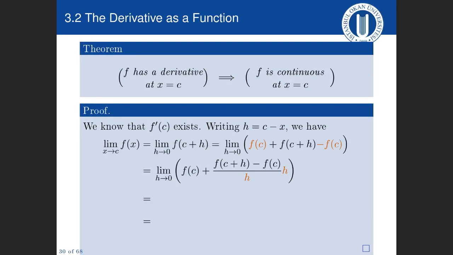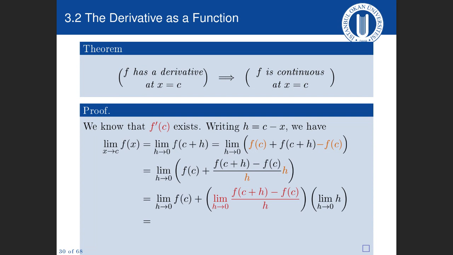The reason I'm doing it like this is because then I want to use the sum rule and the product rule for limits to break this up into 3 different limits. The limit as h tends to 0 of f of c. F of c is just a constant, so the limit of a constant is a constant. Plus, this limit I've written in red, the limit as h tends to 0 of f of c plus h minus f of c over h.